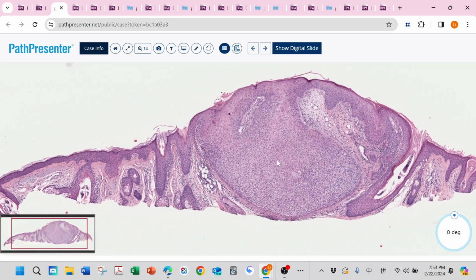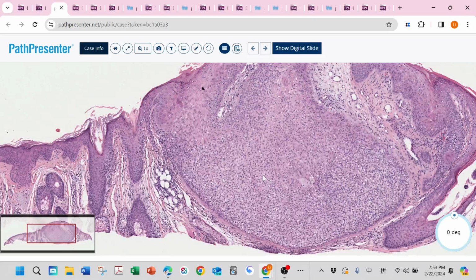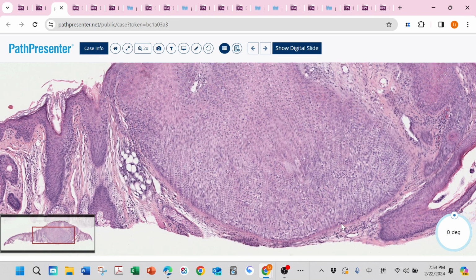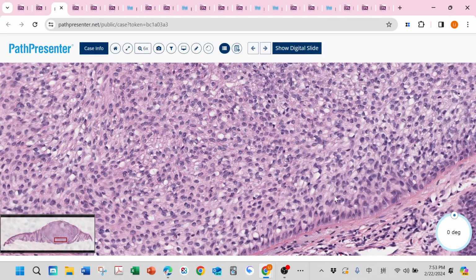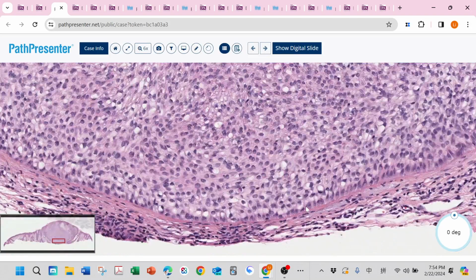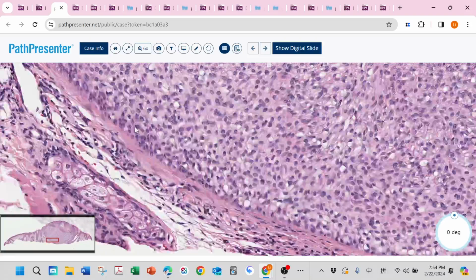Then when we zoom in, usually you would not see any eccrine duct differentiation, but what catches your eye is in the periphery. From outside to inside, you can see this hyaline thickened basement membrane material. Inside this material, you can see palisading, a little bit basaloid cells. You can see the cytoplasm is clear. The peripheral cytoplasm is more like basaloid cytoplasm, palisading in the periphery.